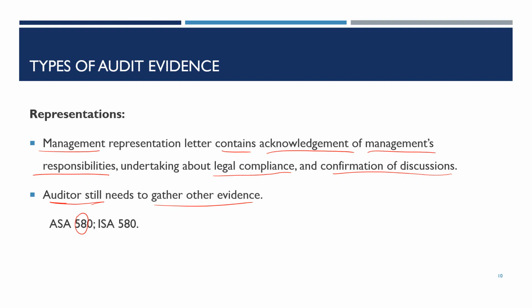It is recommended that the auditor should not completely rely on the management representation letter. The auditor should confirm management's version with other corroborating evidence. Appendix 2 of ASA 580 contains an example of a management representation letter.